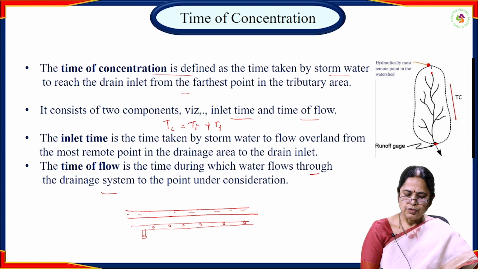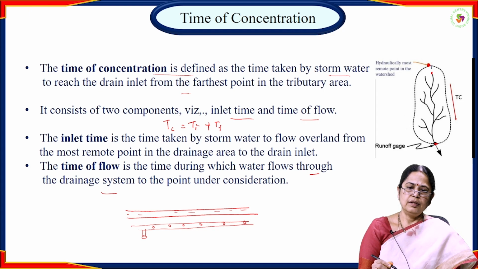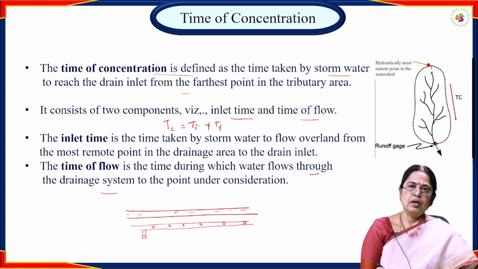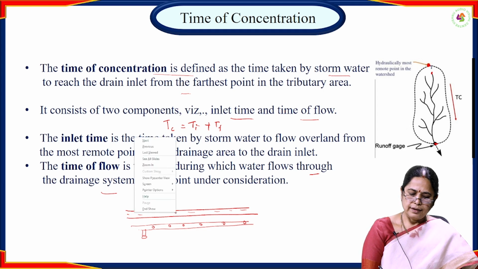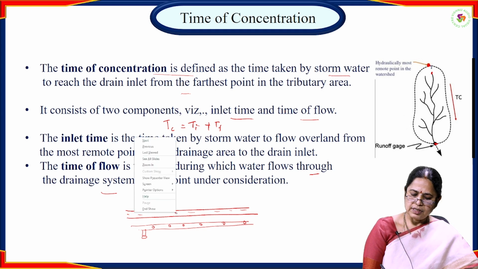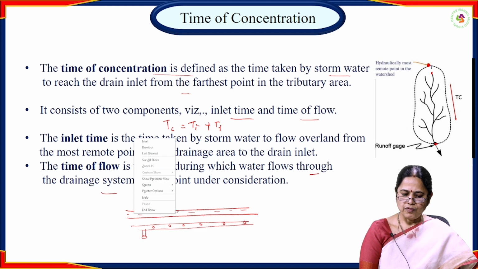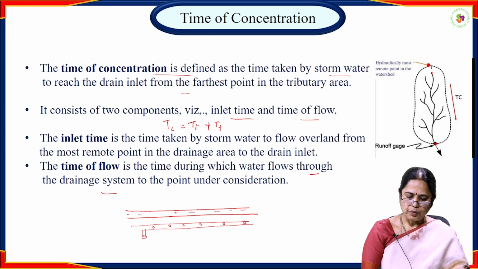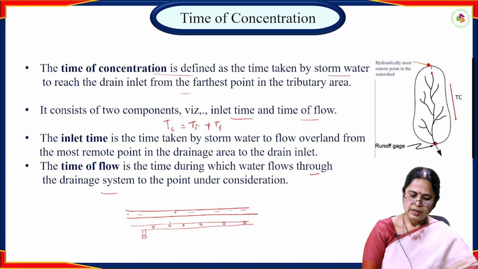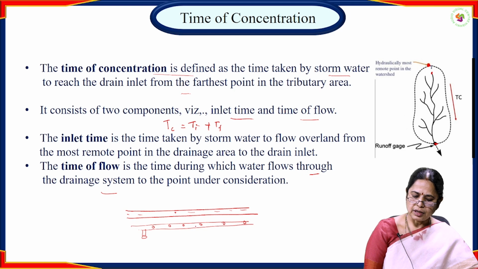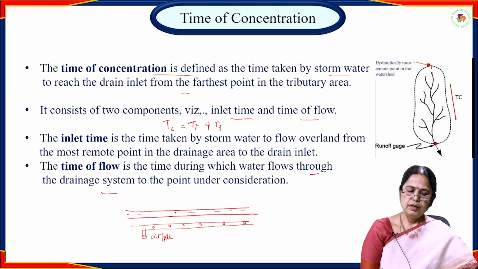So we are going to identify the remote point or farthest point from the inlet, and the inlet time is the time taken by the storm water from this particular point to the drain inlet. The time taken by the storm water passing through this particular drainage system to this particular outfall is known as time of flow.